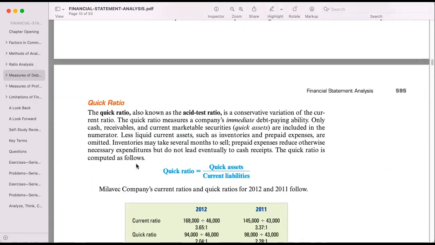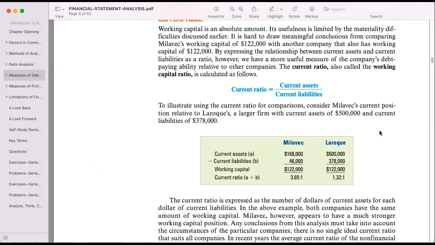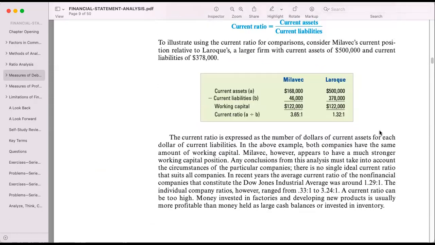Next, we have the quick ratio. The quick ratio, also known as the acid test ratio, is a conservative variation of the current ratio. So it is just like the current ratio, but it is more conservative. The quick ratio measures a company's immediate debt paying ability. So only cash, receivables, and current marketable securities are included in the numerator. Earlier, the current ratio included all the current assets, inventories, and prepaid expenses.